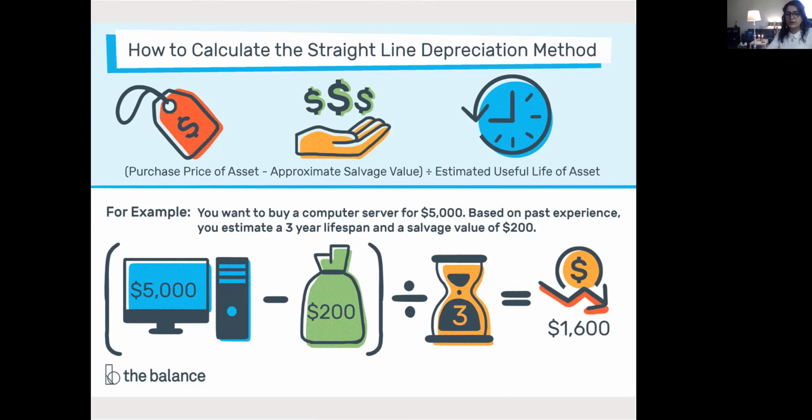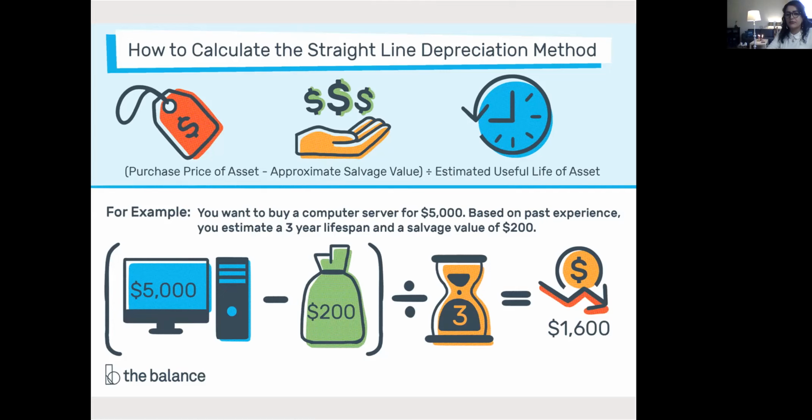In the first methodology, we look at the purchase price of the asset, the basic price, and then we subtract the approximate salvage value, and all of that is divided by the estimated useful life of the asset.